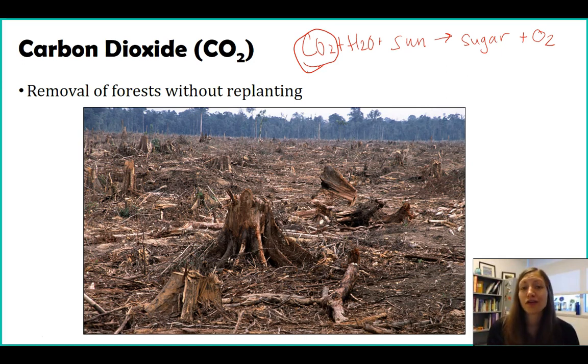So no matter what you're doing with those trees, unless you're using that tree as a log for a log cabin, you're treating that tree some way or another. And that's going to release carbon dioxide as well, because there's going to be energy, there's going to be fuel, there's going to be fossil fuels that are fueling that process. So there's actually two ways removing our forests can affect that amount of carbon dioxide in our atmosphere.